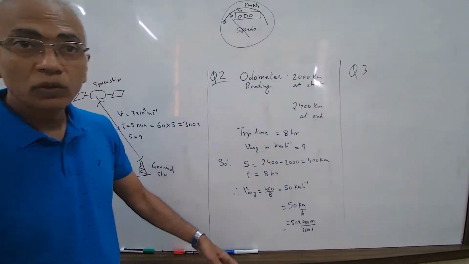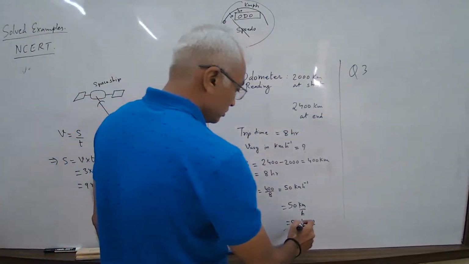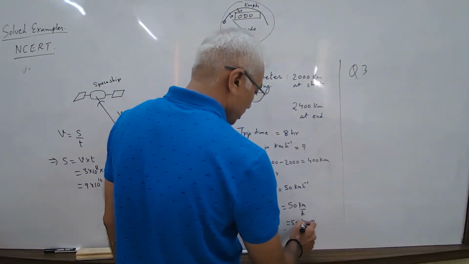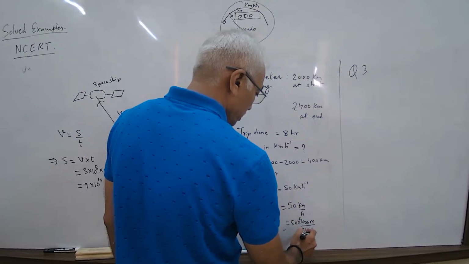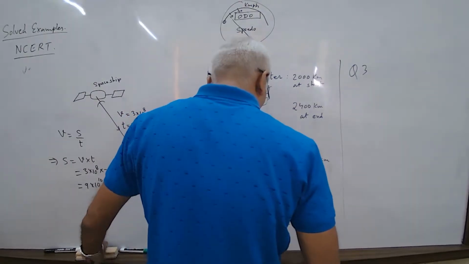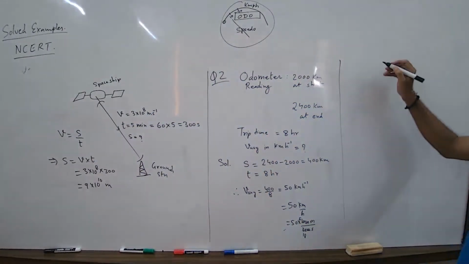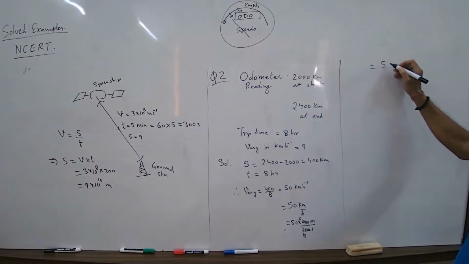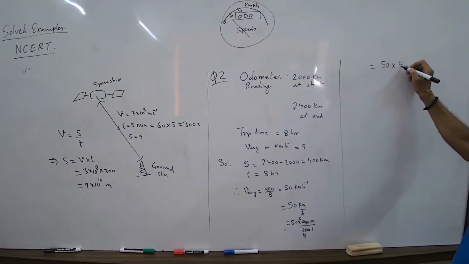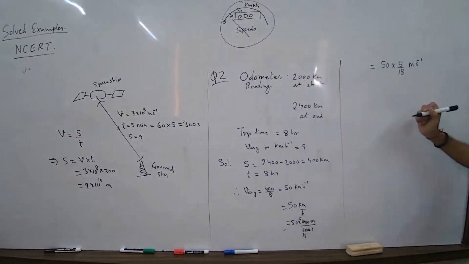Correct? 1 hour has 3600 seconds. So to convert anything from kilometer per hour to meter per second, what should you do? You should multiply it by 5 by 18.